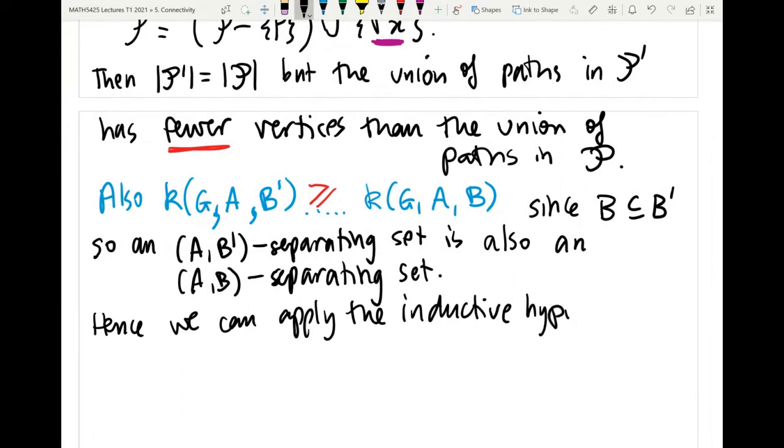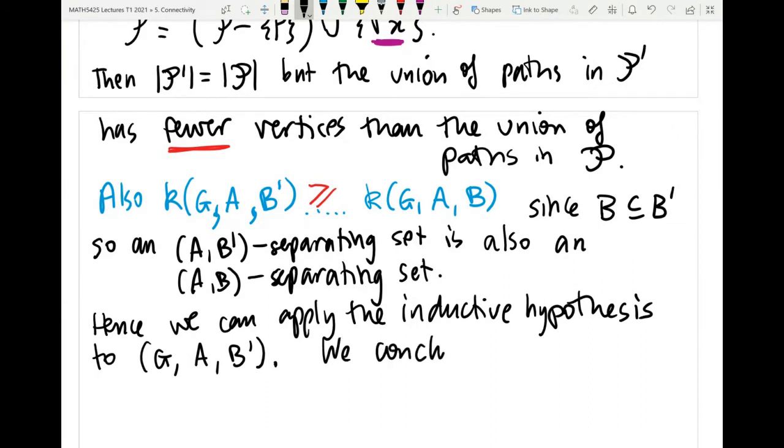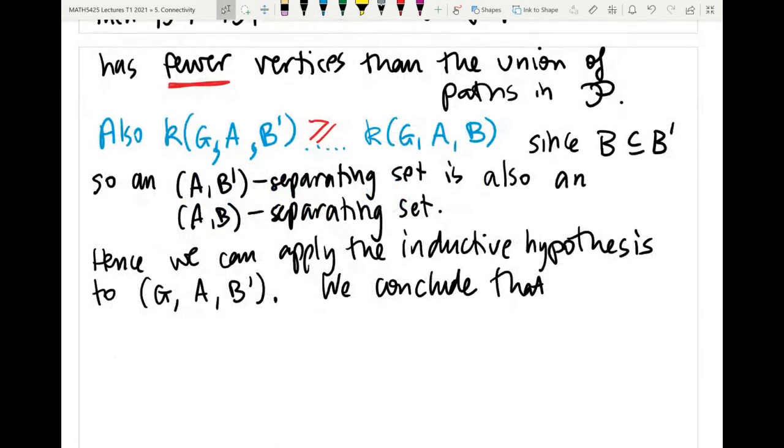So you should think about these details later and just check that it all works. We apply it to G, A, B primed. We conclude by induction that we can embiggen P primed to Q primed. There is a set of paths curly Q primed which exceeds curly P primed. That's what the inductive hypothesis says.